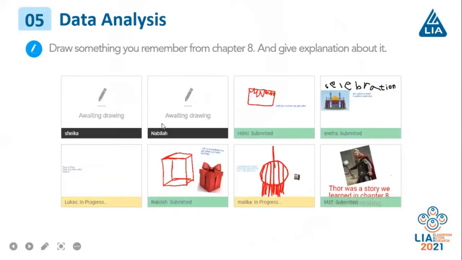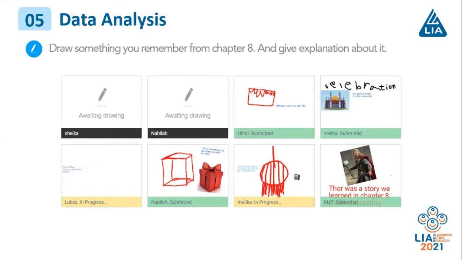Yes, this one is something that I took from the report. At the time, I asked them to draw something that they remembered from chapter 8 of the book, and I wanted them to give an explanation about it. Chapter 8 was about celebration and festival.